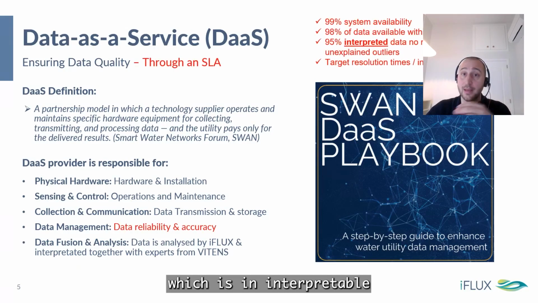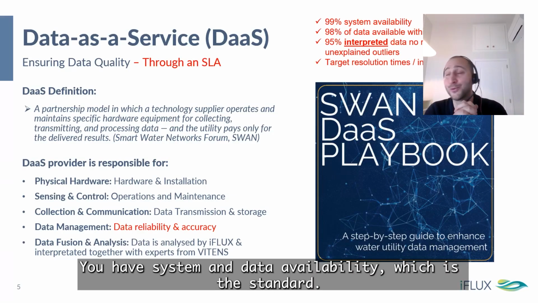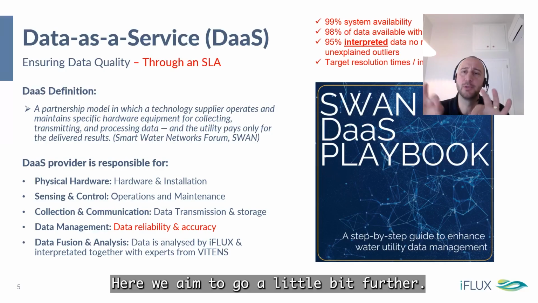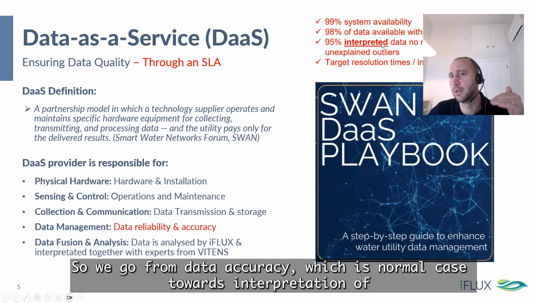How do we warrant this clean data? It is through an SLA, a service level agreement, the contract between the two parties. Of course, you have system availability and data availability, which are standard points. Here we aim to go a little bit further. Normally, at the top right, you see interpreted data. So we go from data accuracy, which is the normal case, towards interpretation of data.